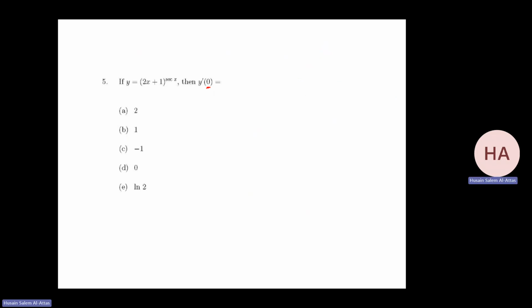Now I need to find the derivative at 0. Just substitute at the end. Okay, so take ln. I have ln y equals secant x ln of 2x plus 1. Differentiate with respect to x.